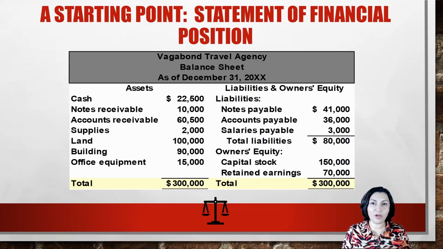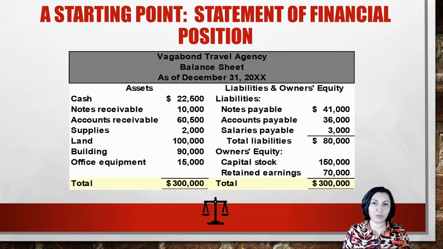In this example, our total assets are equal to $300,000. This includes cash of $22,500, notes receivable of $10,000, supplies of $2,000, and the balances in the remaining asset accounts.